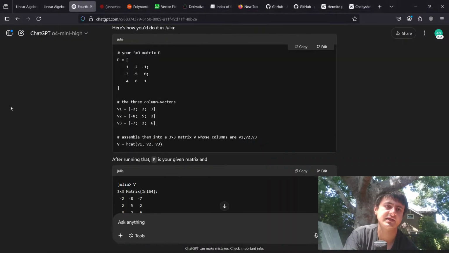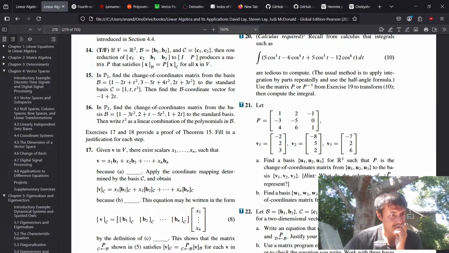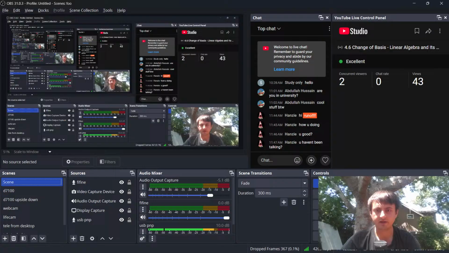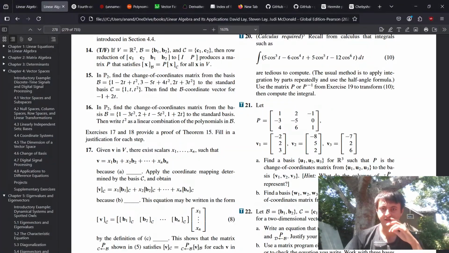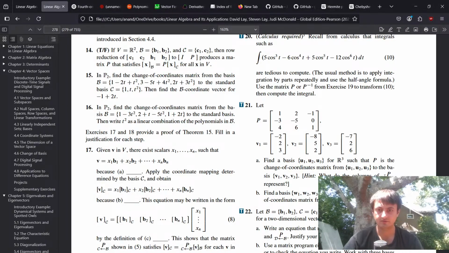I think the columns of the change of basis from B to C represent the basis B written in terms of C. So if you have a vector in B, the linear combination becomes the new equivalent linear combination in terms of C. So U is equal to minus 6, minus 6, minus 5, minus 5, minus 9, 0, 21, 32, 3. That's what I think it is.